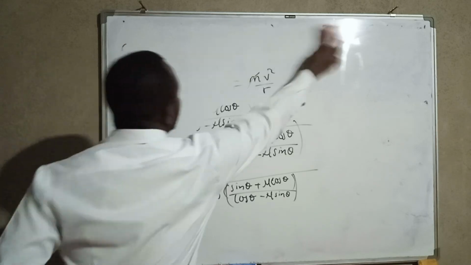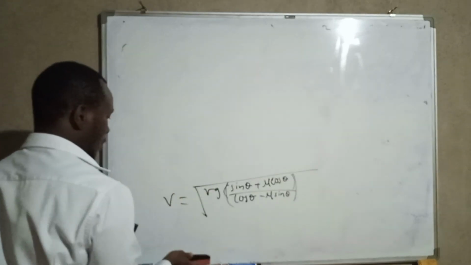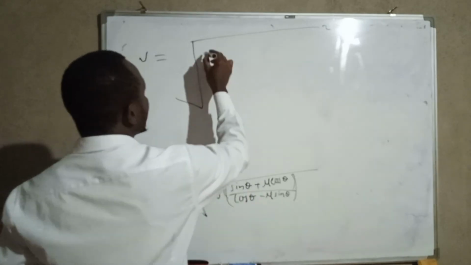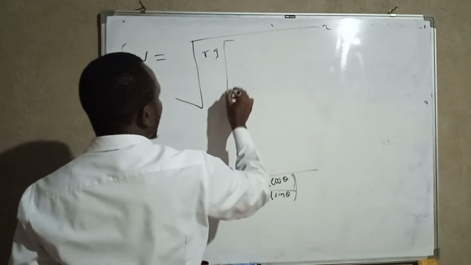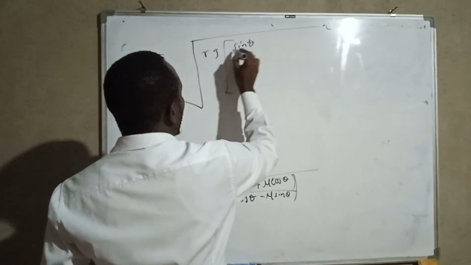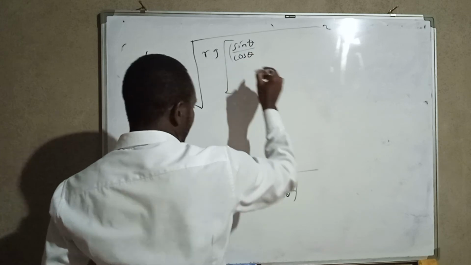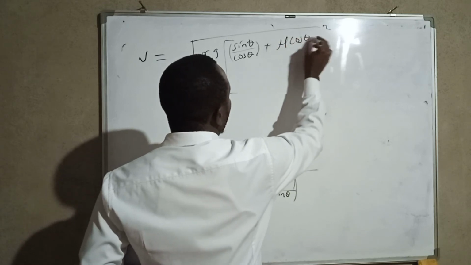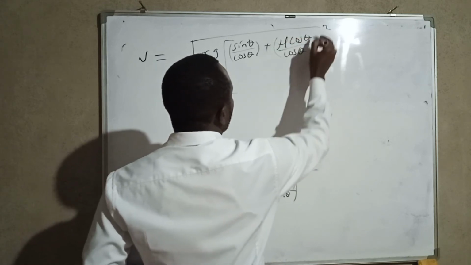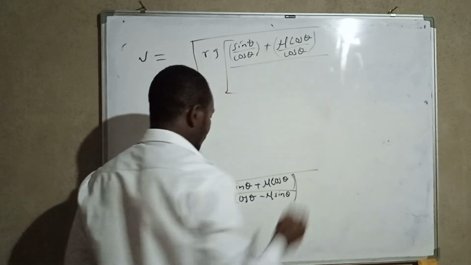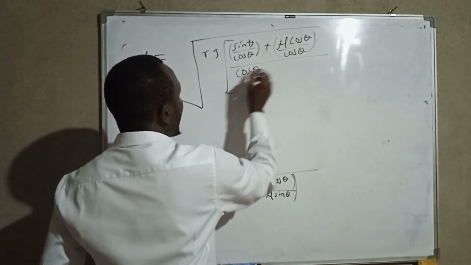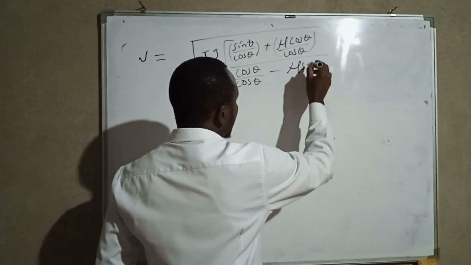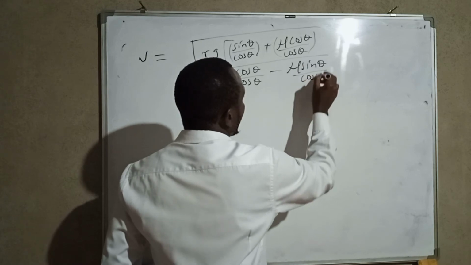And if we do that, we are going to have v is equal to the square root of Rg, then everything here we have sin theta over cos theta plus mu cos theta over cos theta, over cos theta over cos theta minus mu sin theta over cos theta.